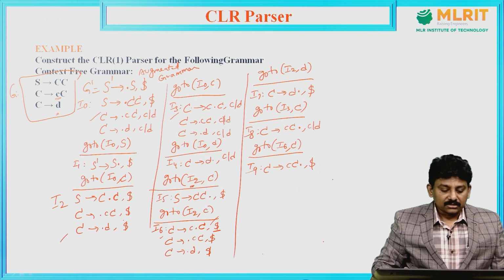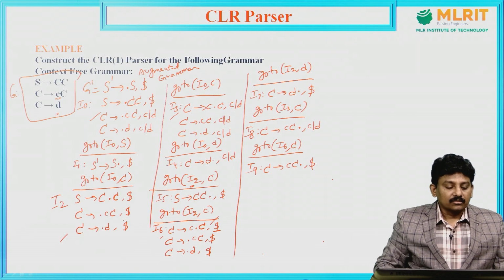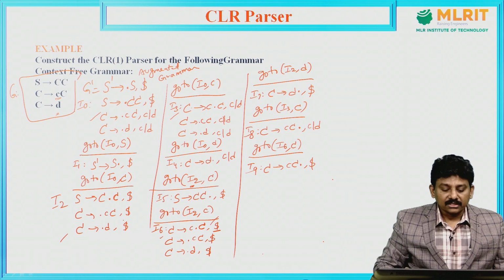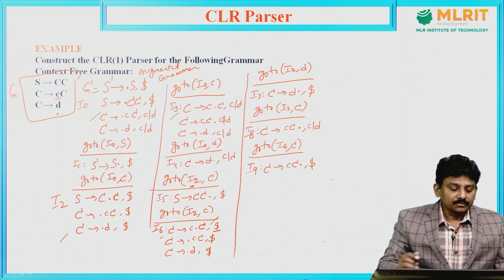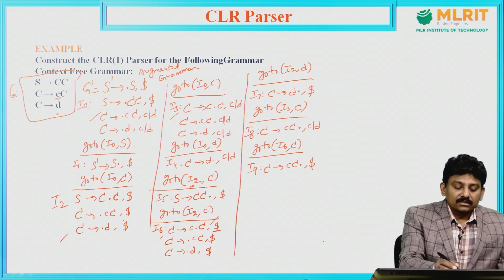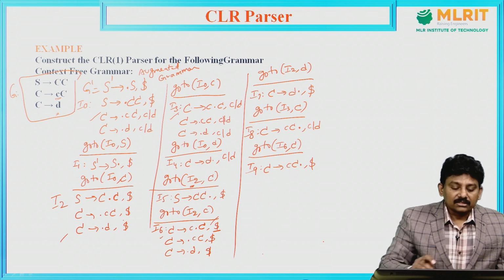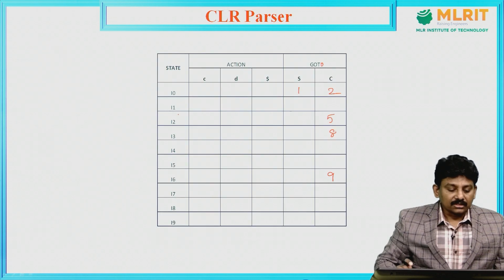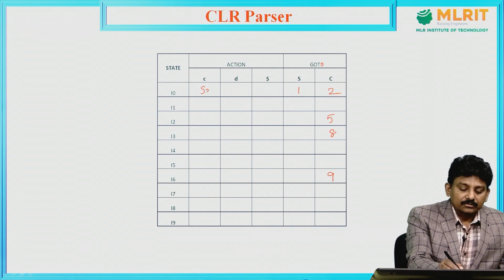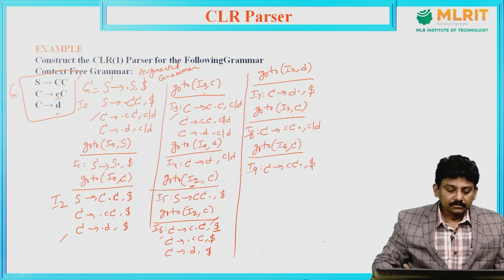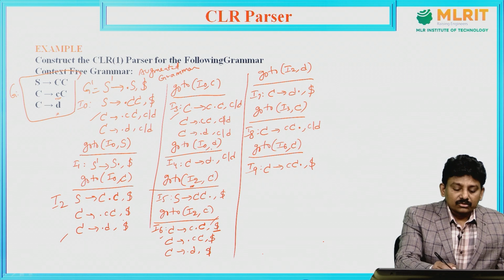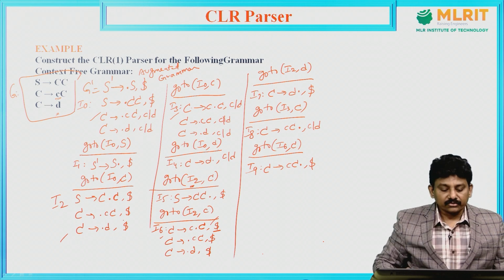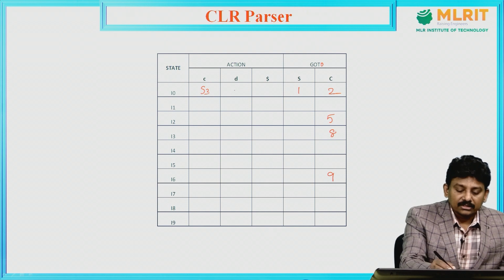So the non-terminals are considered. Next, we fill the action table by considering small letters, that is terminal symbols. From I0 on terminal c, we go to 3, S3, so row 0 under c, S3. Next, from I0 for d we go to I4, that is S4, so row 0 under d, write S4.